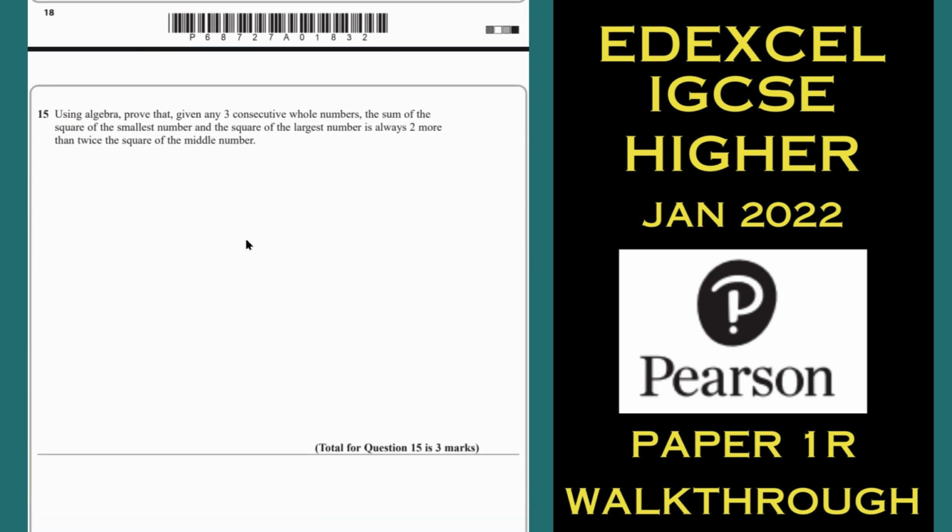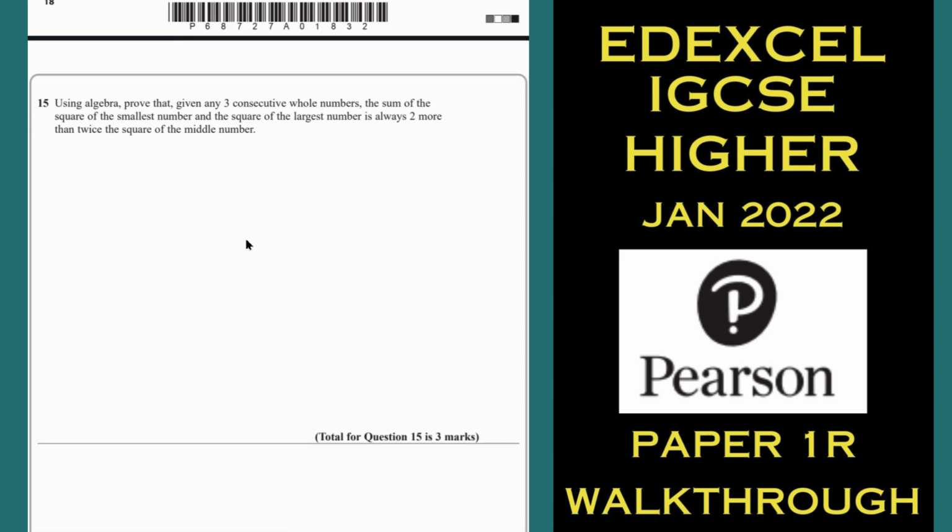Number 15, using algebra. So first thing is, it's consecutive whole numbers, so no need to worry about 2n, evens or odds. It's none of that. It's simply 3 consecutive numbers, n, n plus 1, n plus 2. The sum of the squares of the smallest and largest.